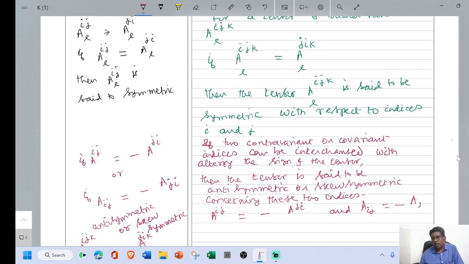In the mixed form, we have to write A^ijk_l, which is equal to minus A^jik_l. Just i and j are interchanged as j and i, then k is present as such, and l. Now we may say that the given tensor is antisymmetric with respect to the indices i and j.